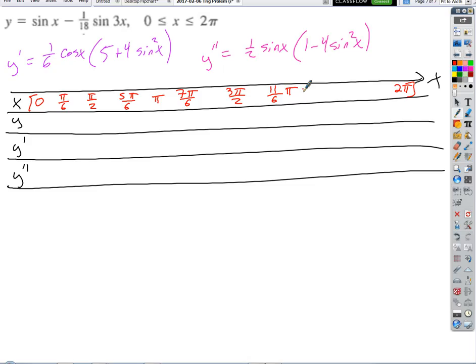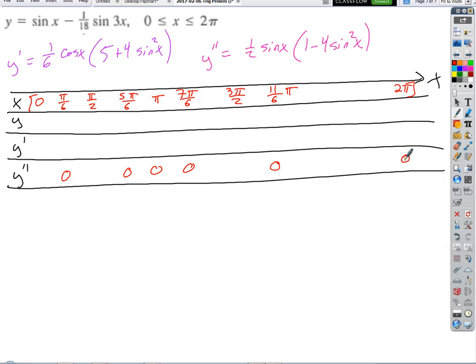And then these were all zeros of the second derivative. Oh no, that was just a coefficient, wasn't it? Yeah. Okay, and then 0 and 2 pi are endpoints, so it doesn't really matter.